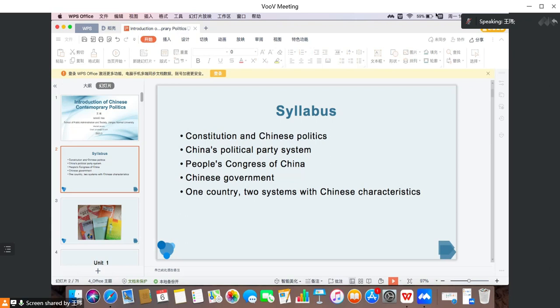Another one is Macau. Just two regions, right? Have you been to these two regions? Yes.